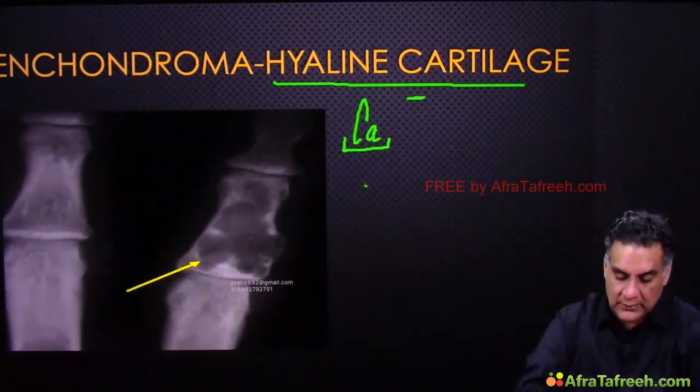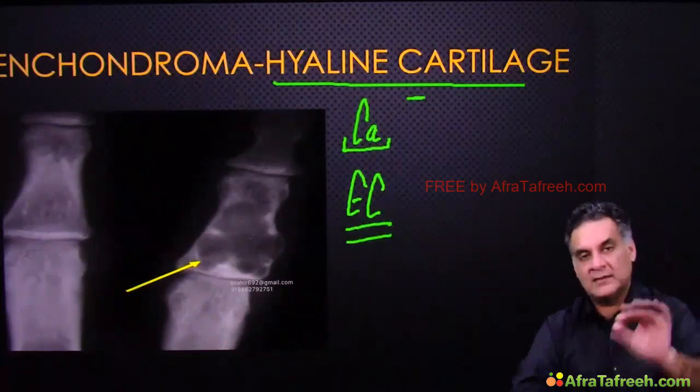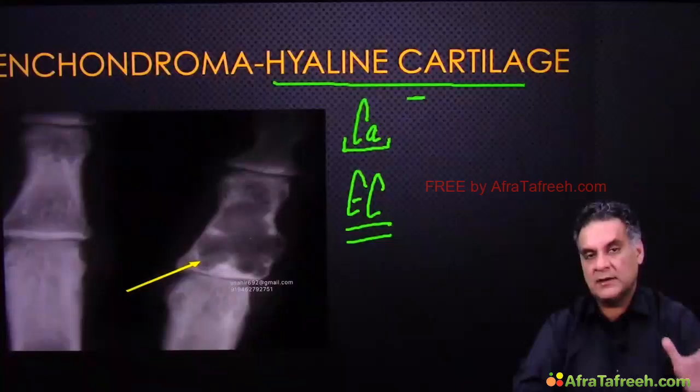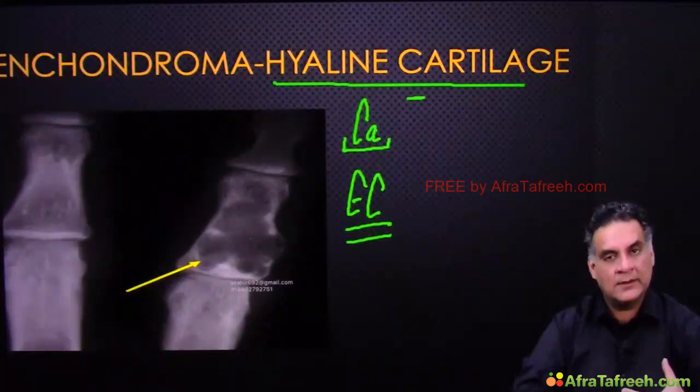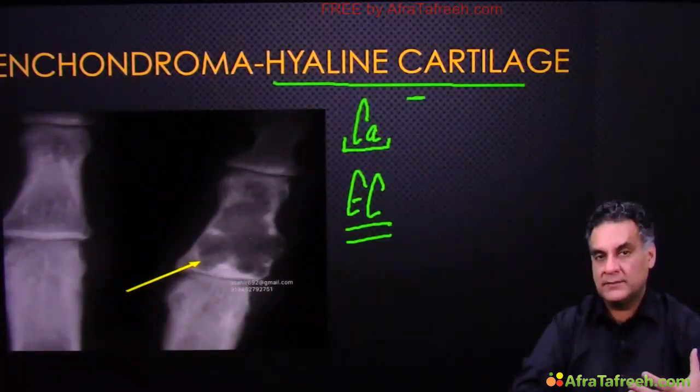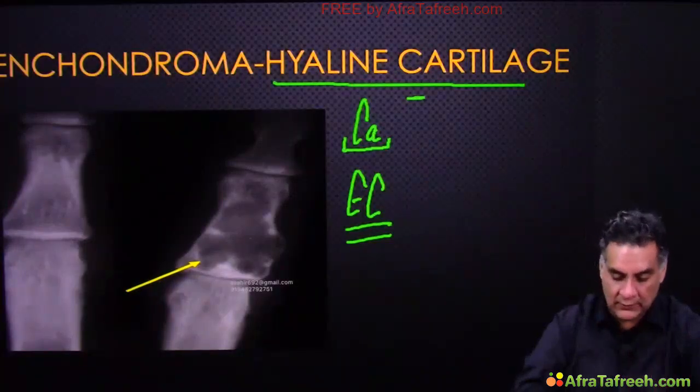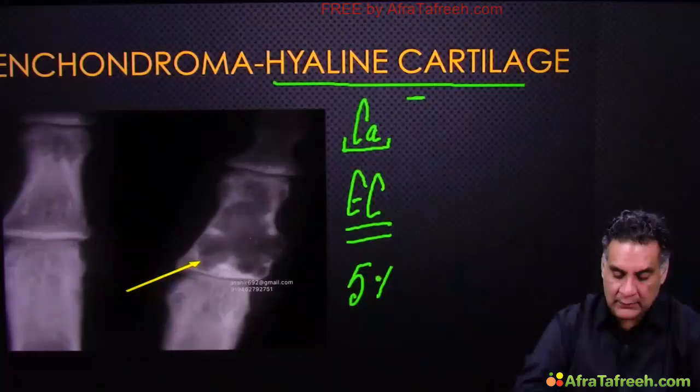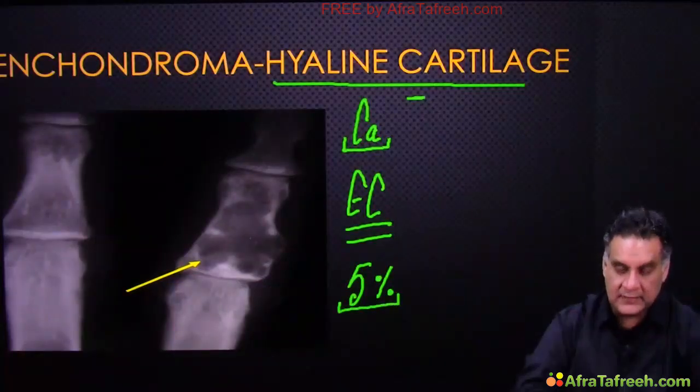Enchondroma, treatment is extended curettage. They will show you phalanx with lesions. Think about enchondroma. Enchondroma can have multiple lesions. But when it's a solitary enchondroma, it is pre-malignant only in 5% of cases.